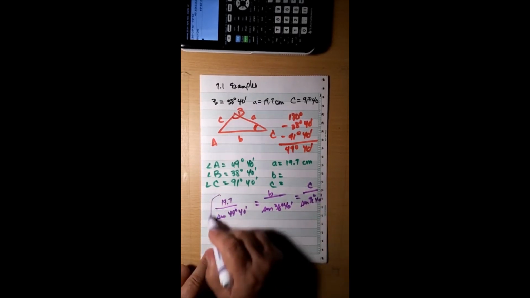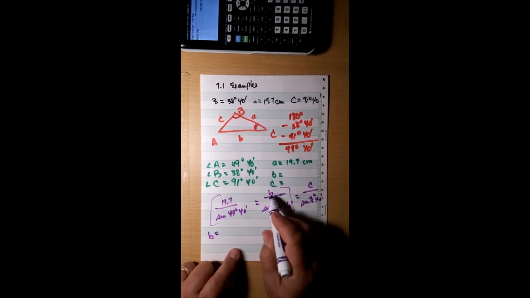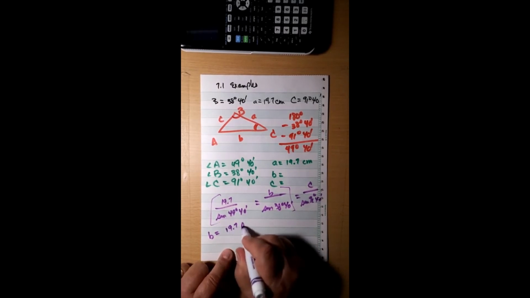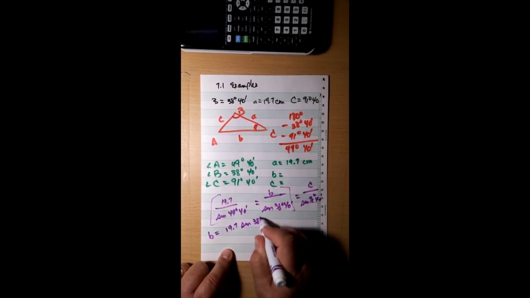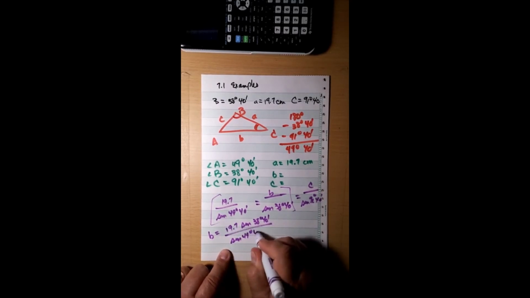We can take two of these at a time. B is equal to, cross multiply, 19.7 times the sine of 38 degrees 40 minutes divided by the sine of 49 degrees 40 minutes.